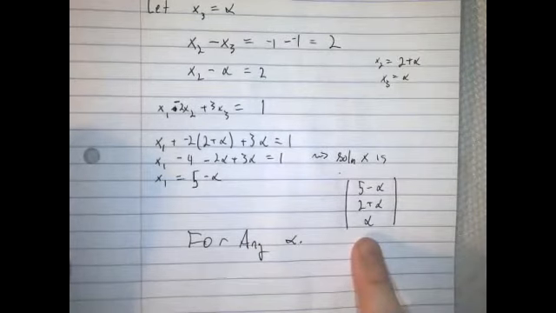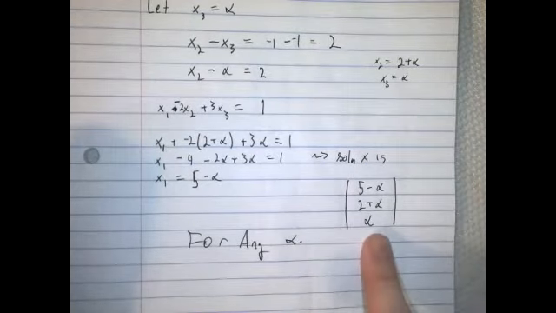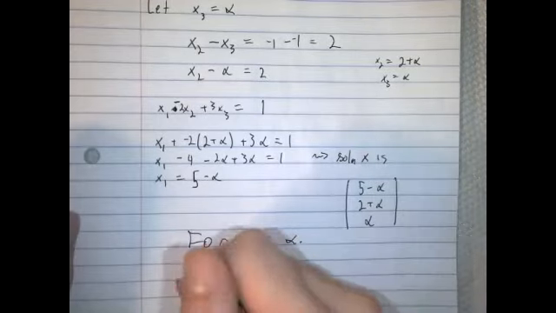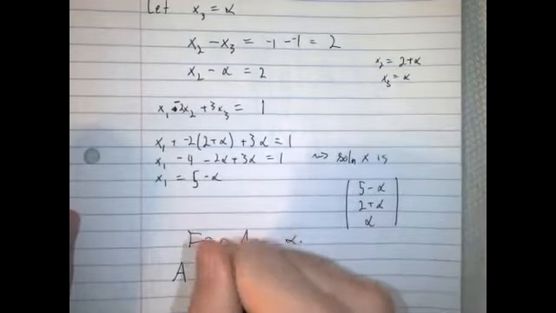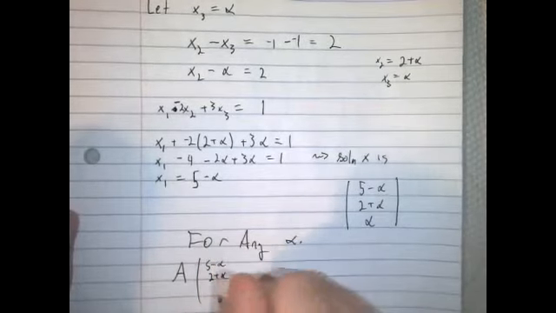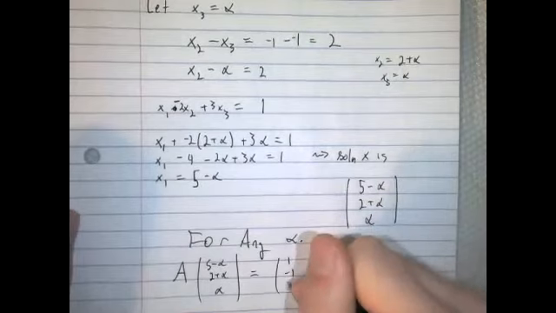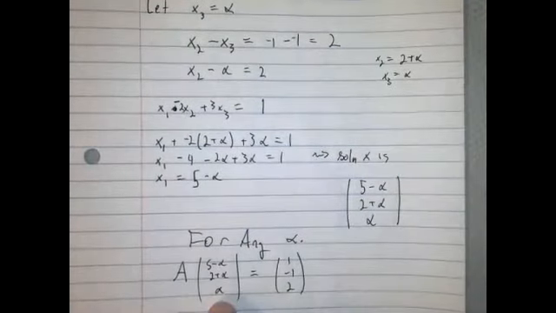In particular, we don't just get one solution, we get a whole family of solutions parameterized by alpha. If I plug in alpha is equal to 0, I'll get a solution. So A times 5 minus alpha, 2 plus alpha, and alpha will be equal to 1, negative 1, and 2 for any alpha.